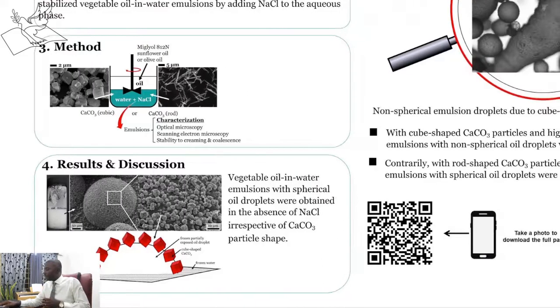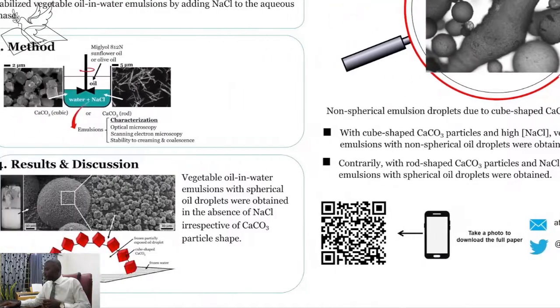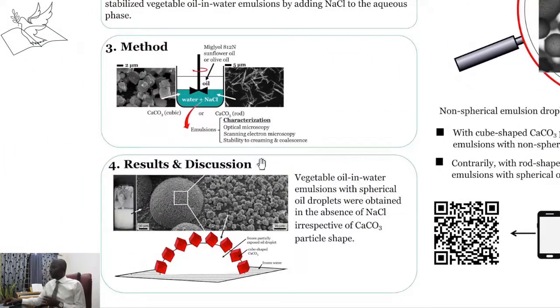What we observed was, in the absence of added salt, both the rod-shaped and cube-shaped calcium carbonate particles formed emulsions that had spherical oil droplets.